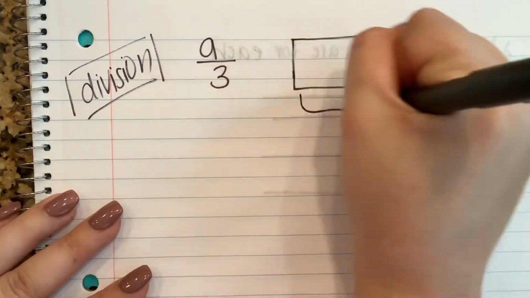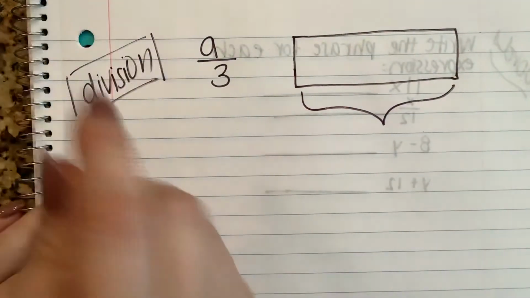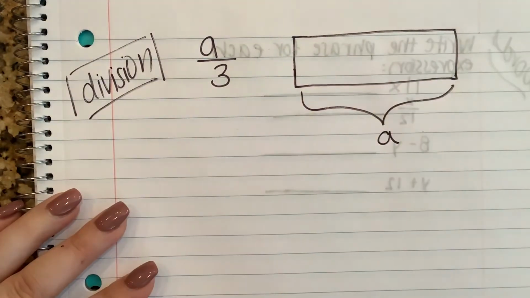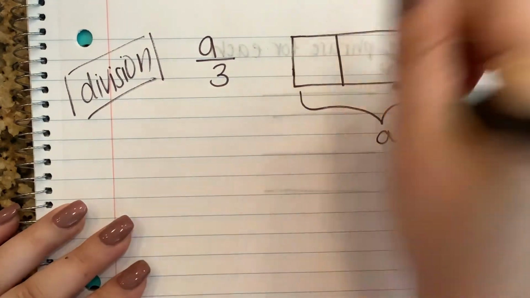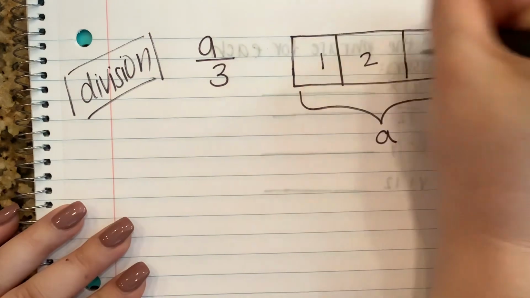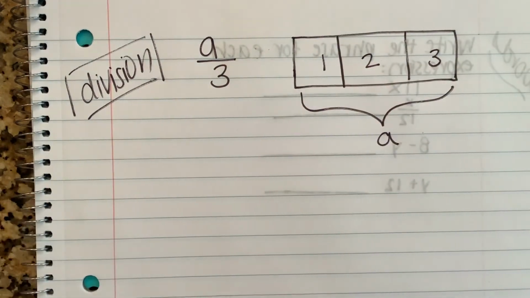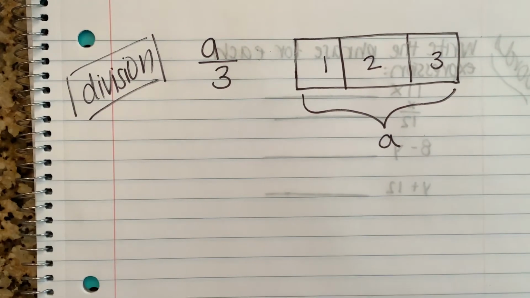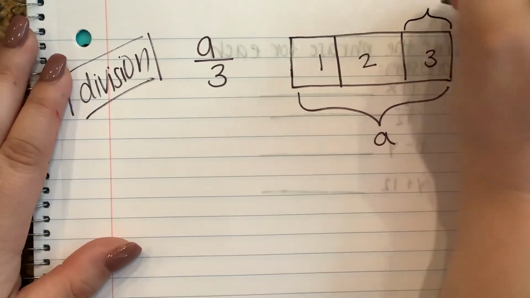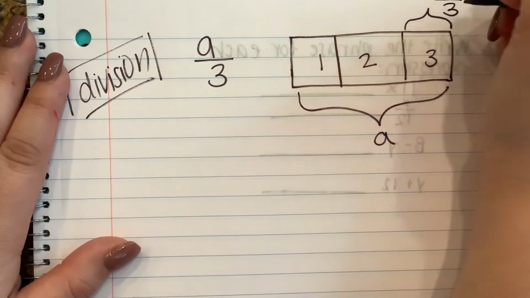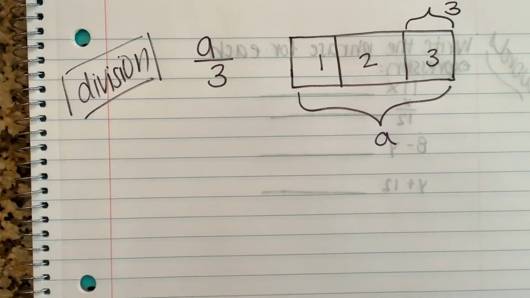This whole bar represents a, our numerator, so I'm going to draw an A there. Inside that A, it's broken up into thirds because of our denominator. You can label that 1, 2, 3 if it helps you. Then take one of those thirds, it doesn't matter which one, I'm just going to use this one, and that will represent A over 3.